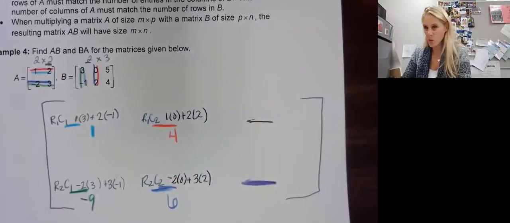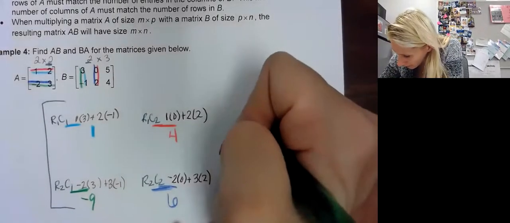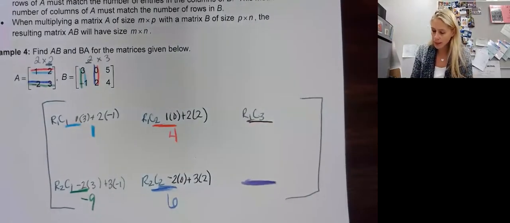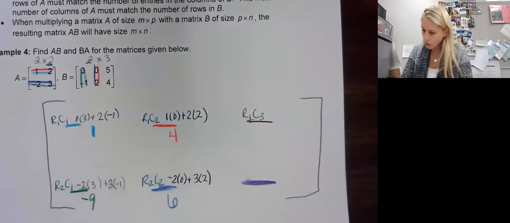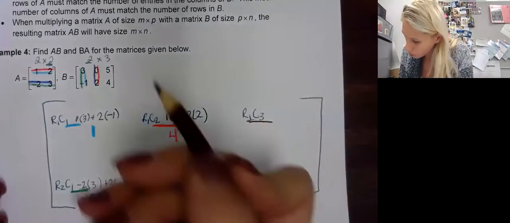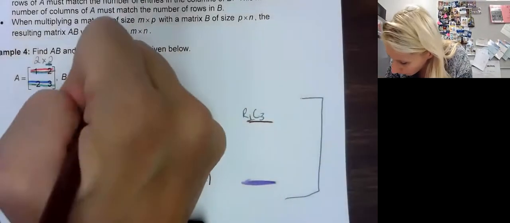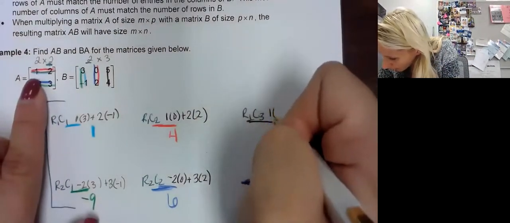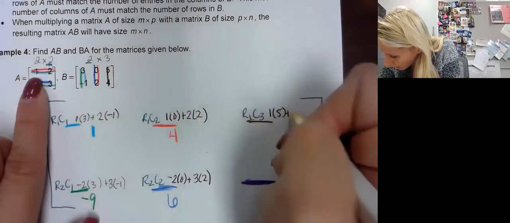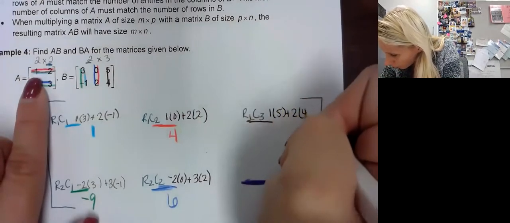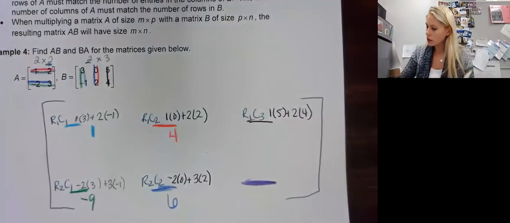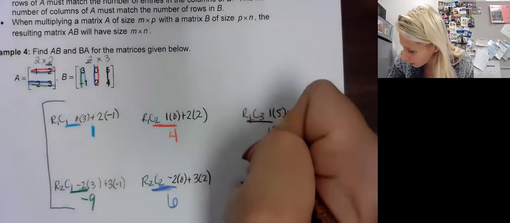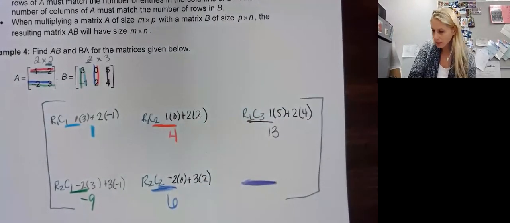See how this can take a while? But what I would do is take your time to get in a pattern so that way you don't make mistakes later, okay? So row 1, this is my brown. Row 1, column 3. So we get 1 times 5 plus 2 times 4. So 5 plus 8. 5 plus 8 is 13. And last one, guys.